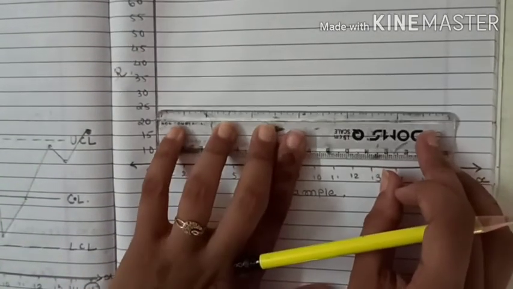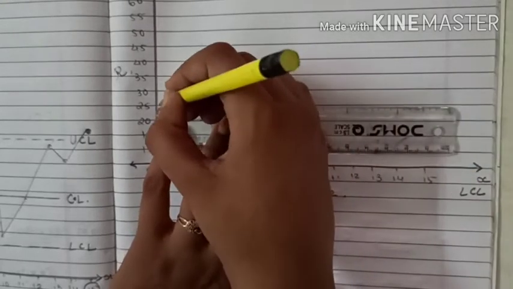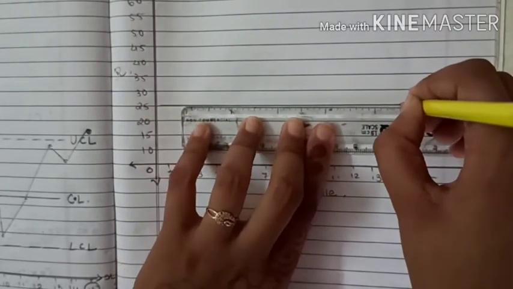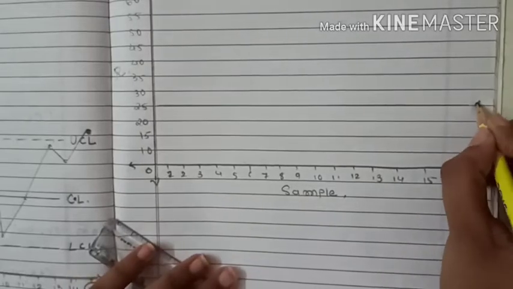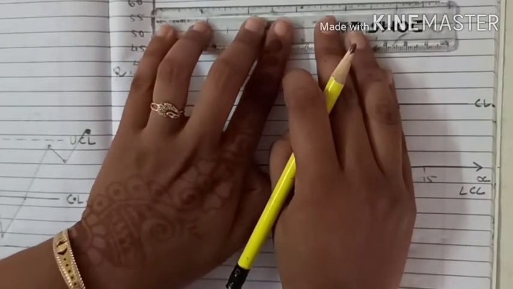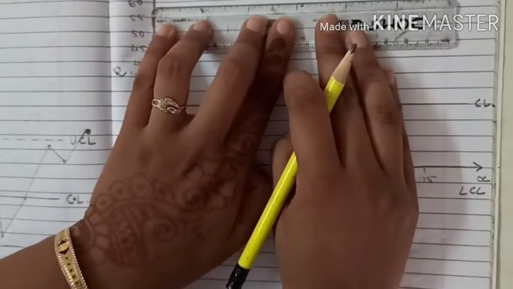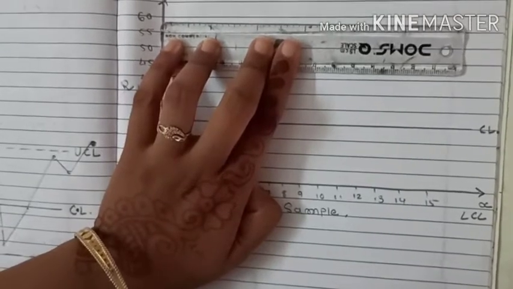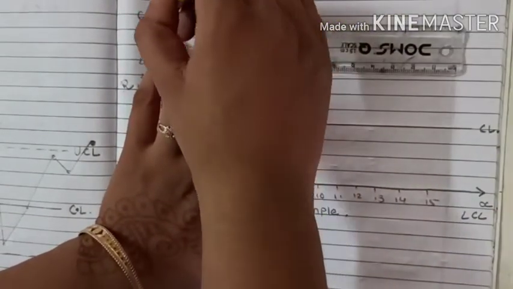Now we have to make a central line and upper line. Central line is 25. So we are marking here the central line. Then upper limit is 58. So between the 55 and 60, we are making the line of the upper limit.